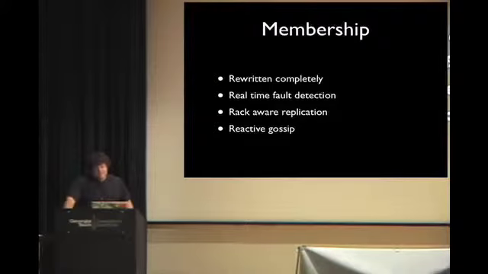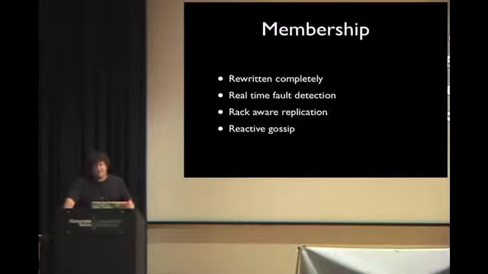The membership system has been completely rewritten. Now it includes actual real-time fault detection to be gossiped around the ring. Brad helped out, and before things got shut down, he wrote a lot of the rack-aware replication stuff, which is really cool.